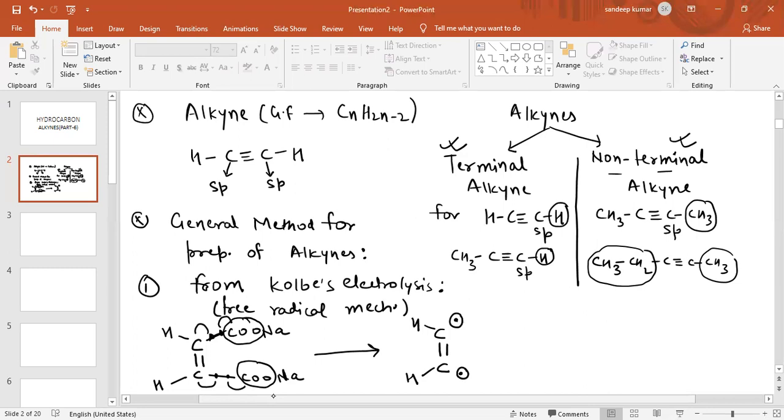Now these two free radicals will combine to form a bond. So it will convert into alkyne. This is one of the methods for the preparation of alkynes. This is basically ethyne. So we have prepared alkyne by using Kolbe electrolysis.